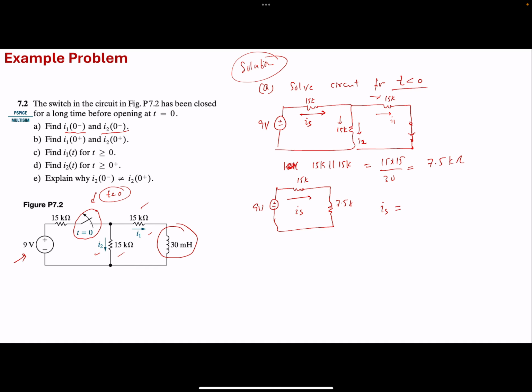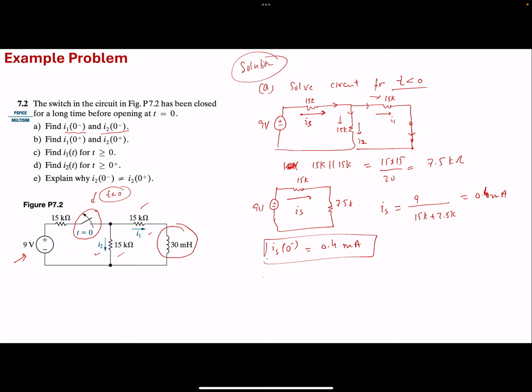So IS can easily be found by doing 9 volts divided by 15K plus 7.5K. It is going to come out to be 0.4 milliamperes, right? So this IS at 0 negative is 0.4 milliamperes. However, if this IS of 0.4 milliamperes is flowing over here and you come across two equal resistors, you can apply the current divider rule, or the current is going to divide equally.